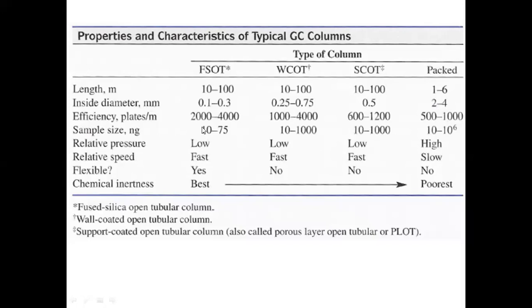Efficiency is 2000 to 4000 plates per meter with FSOT, up to 4000 with WCOT, and 1200 with surface coated open tubular columns, while packed columns give only up to 1000. The sample size is very small, expressed in nanograms: 75 nanograms, 1000 nanograms in these three, but up to 10 power 6 nanograms of sample may be required with packed columns to complete the separation process.